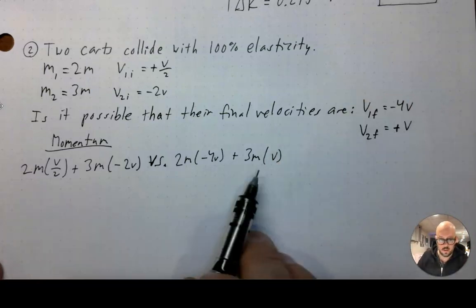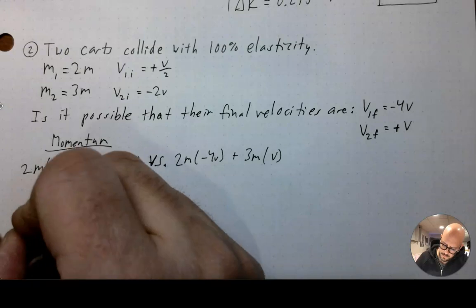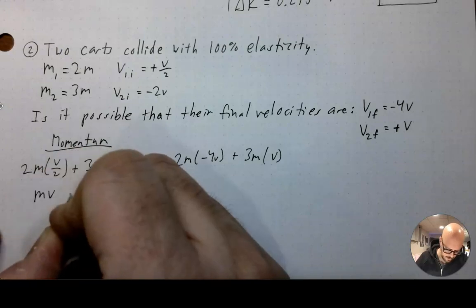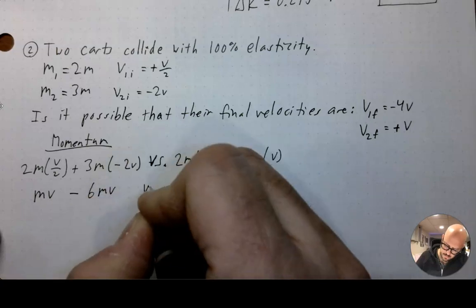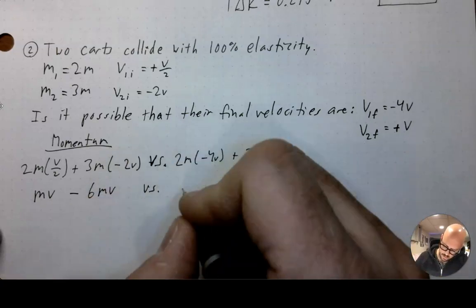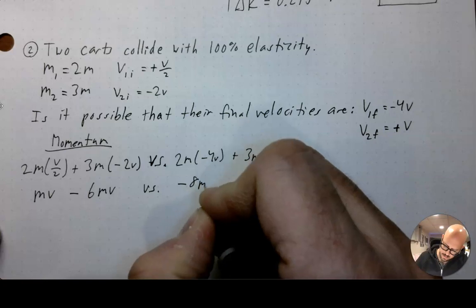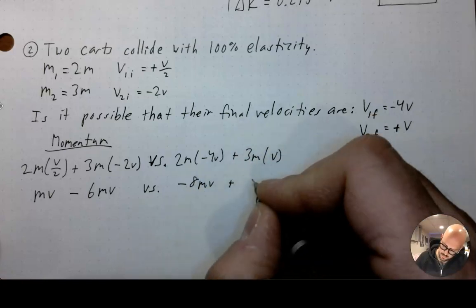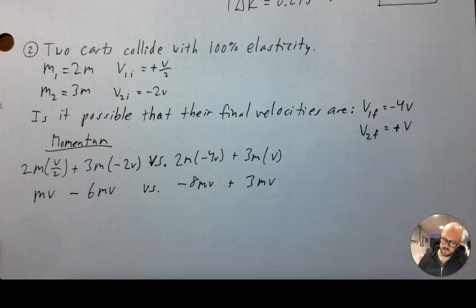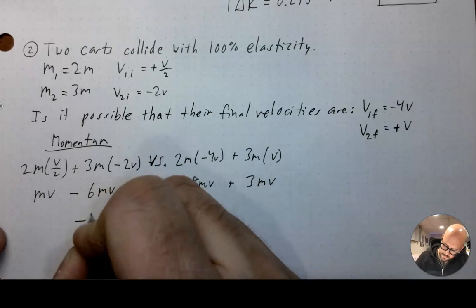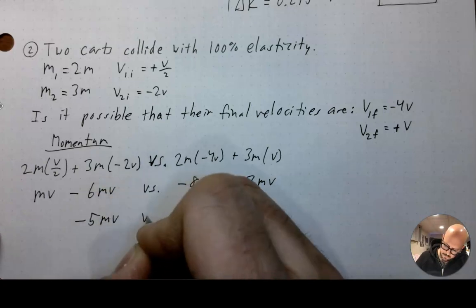All right, and so now I'm going to go through and just simplify things. This first term is mv. This second term is negative 6mv. This third term is negative 8mv. And this fourth term is positive 3mv. mv minus 6mv is negative 5mv.